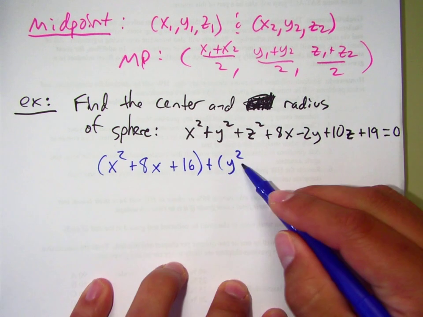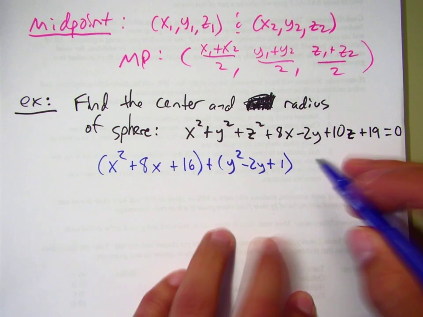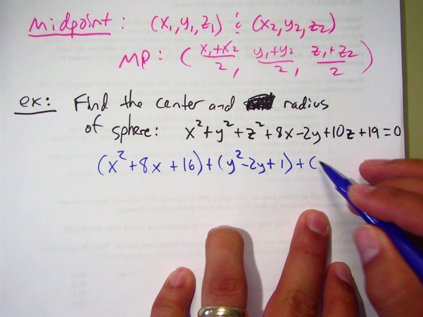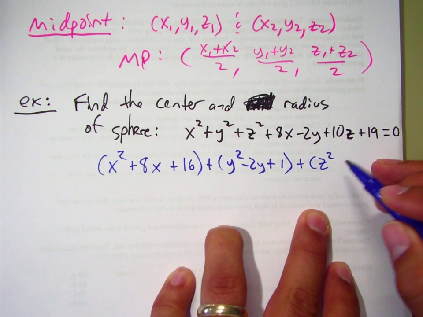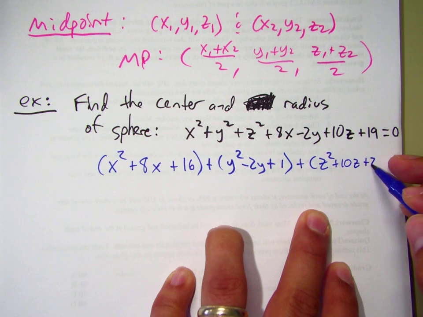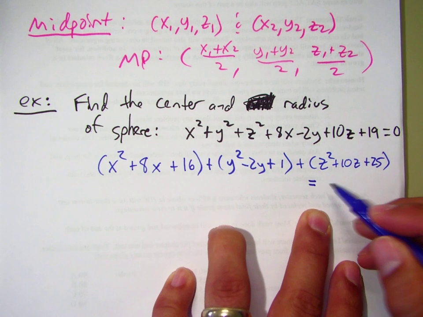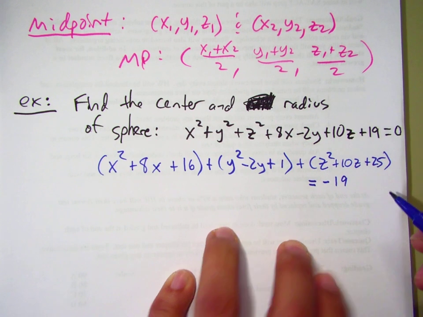So y squared minus 2y, what would I add in here? That's just 1. And then we got z squared plus 10z. This would have to get 25 added in there. On the right-hand side, we'd move the 19 over, so it's negative 19.